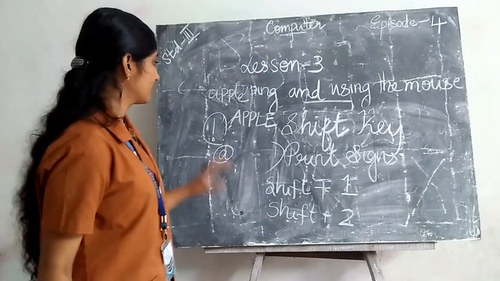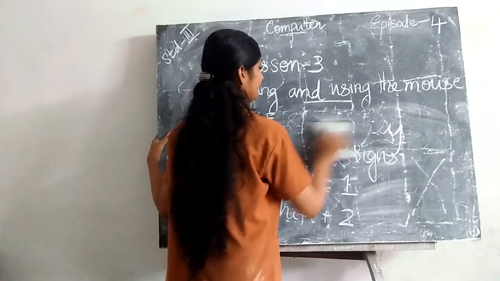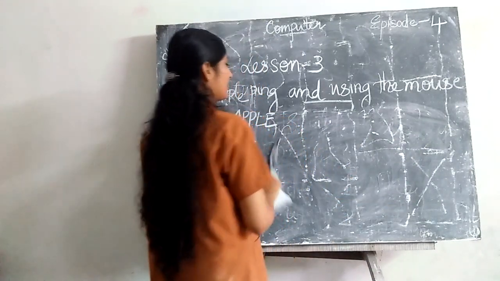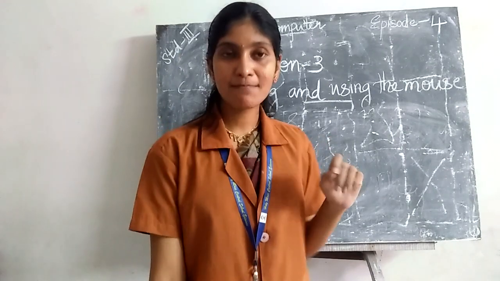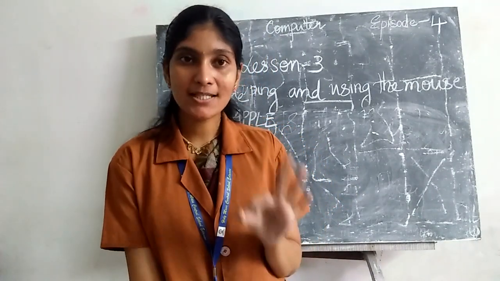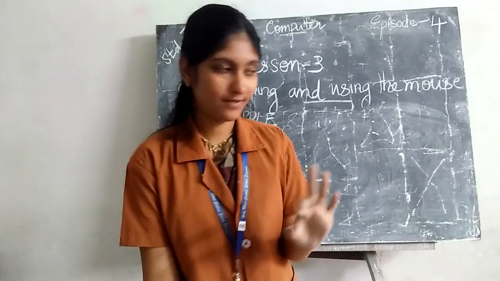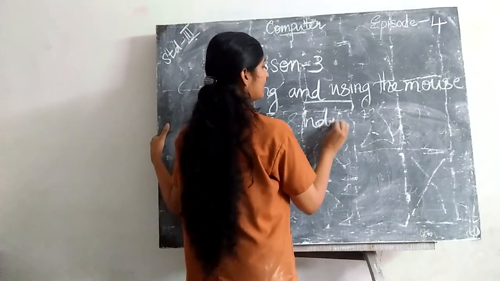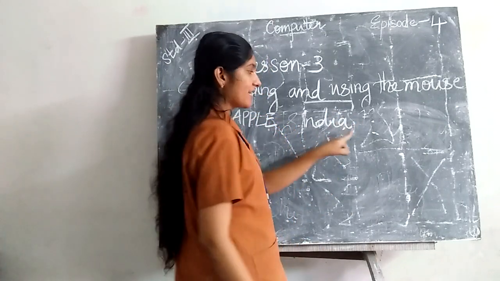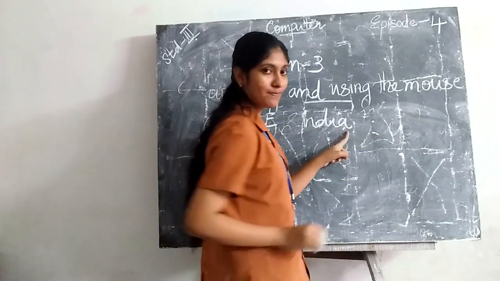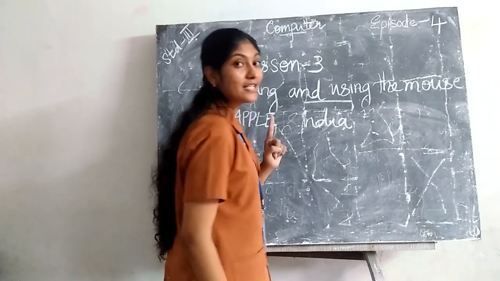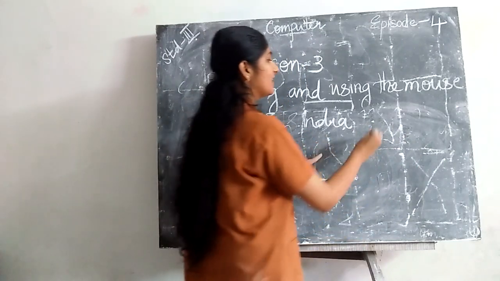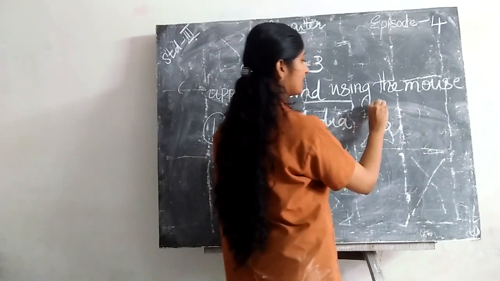The spacebar key creates blank spaces between words. For example, India. If you want to create a blank space here, press the spacebar key. So it creates a blank space. Then type another word, is.